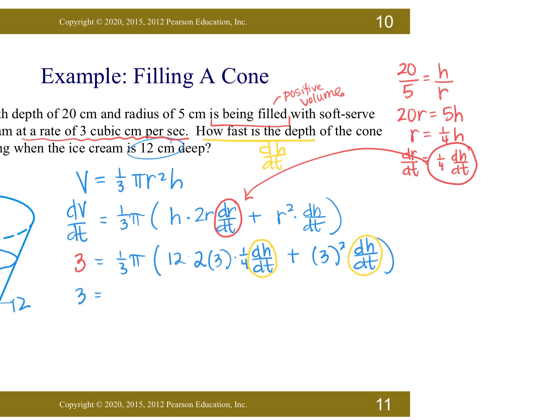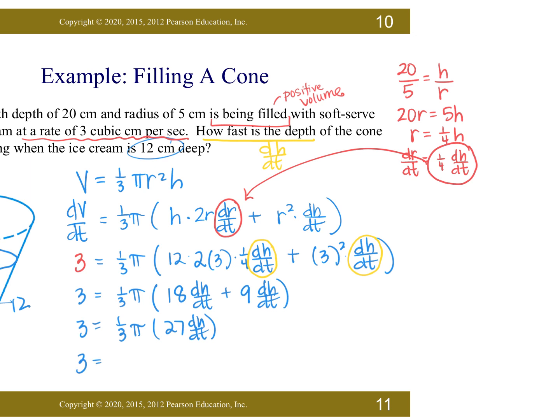So to simplify, we have 12 times 2 times 3 times 1/4. That simplifies to be 18 dh dt plus 9 dh dt. So that gives me 27 dh dt, which when I simplify that, I'll get 9 pi dh dt.